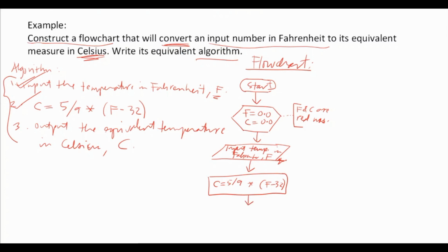And then after the process, we have the value of C already. Then we output using a parallelogram. We output the equivalent temperature in Celsius, and we call that C. After that is the end. We have here the terminal symbol to end the flowchart. So this is our algorithm, and this is our flowchart for this given problem.